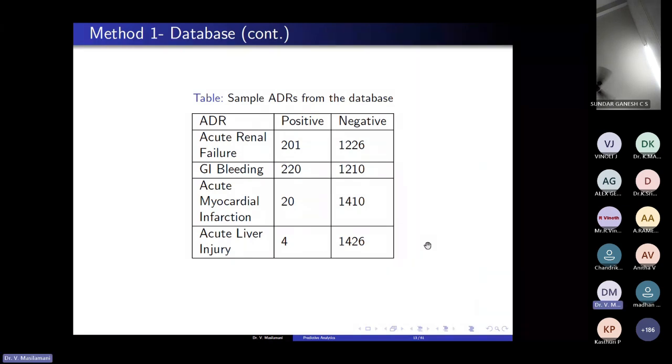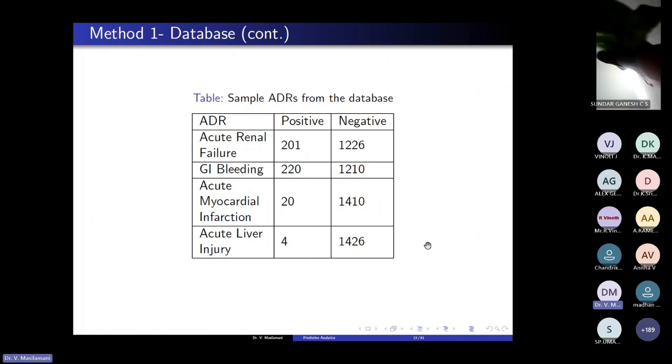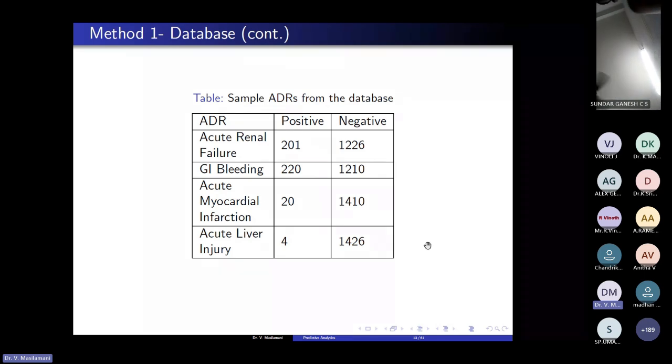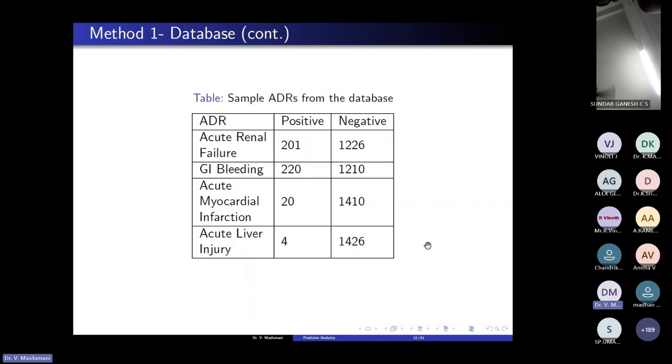So, what is the problem it is posing? Suppose you build a machine learning model taking this data, it will be biased to the majority. You have heard the story. Somebody built a machine learning model to identify criminals, given features of the persons and identifying whether he is a criminal or not.